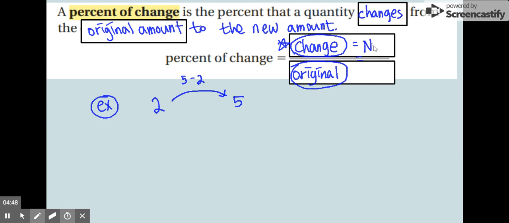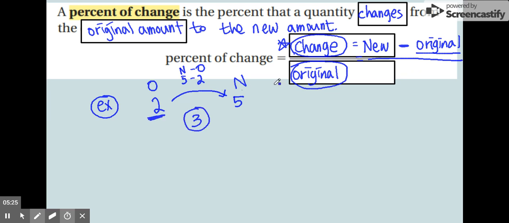So you're going to subtract original from new. 2 is original, and 5 is the new number, right? So to find the change, which is 3, you subtract original from new. And you compare this value to the original. You want to see the change compared to the original number.